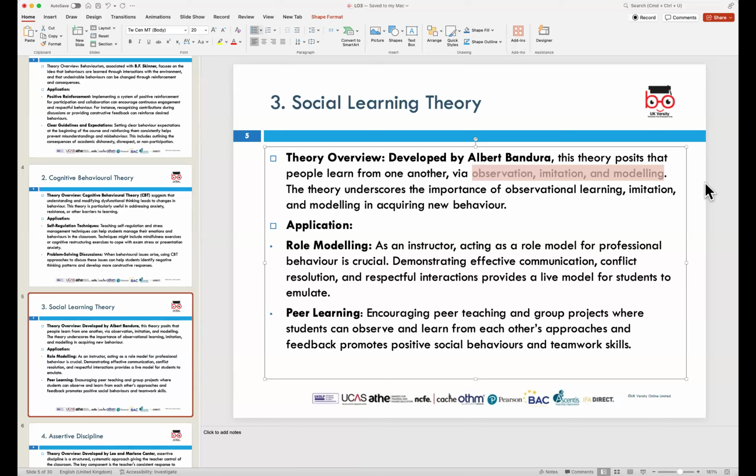Sorry, what did you say? Which two theories did you say it was a bridge between? It's a bridge between the behaviorist theory and the cognitive learning theories.